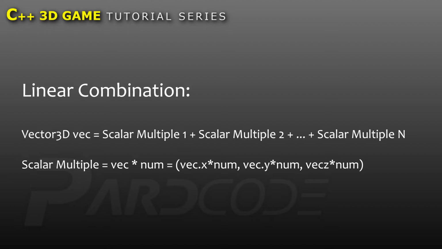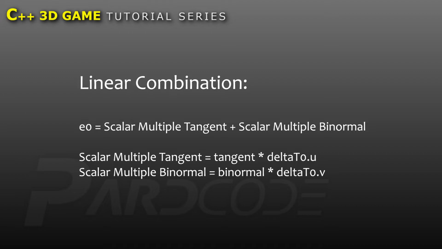Good, that means E0 can be equivalent to the sum between a scalar multiple of tangent and the scalar multiple of binormal, where the scalar multiple of tangent is delta U0 multiplied by tangent, and the scalar multiple of binormal is delta B0 multiplied by binormal.